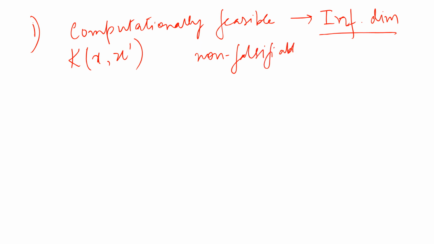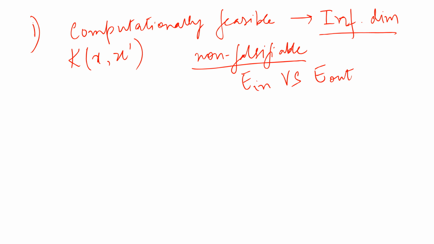And this should ring a bell. Basically, I will always be able to separate the data because I'm in such higher dimensions. And so the moment we have non-falsifiability in my hypotheses, we know that we are losing the link between E in and E out. We are losing that link, and so that's also not good.